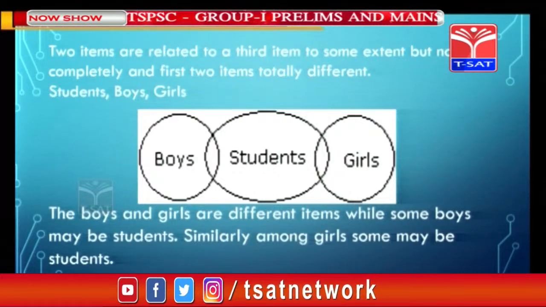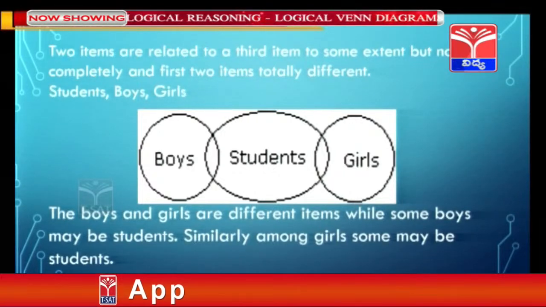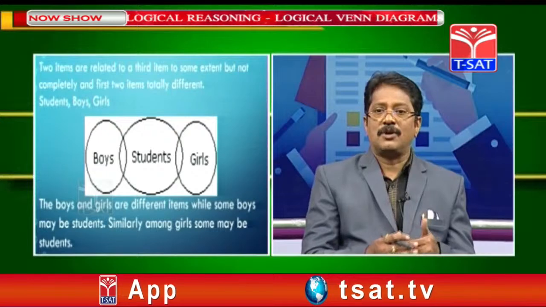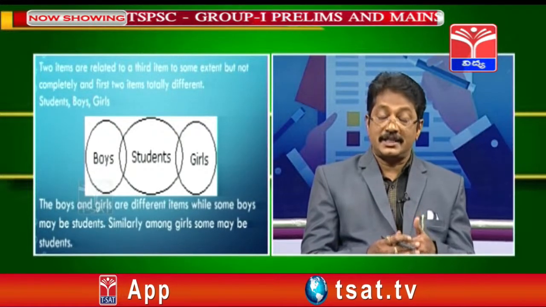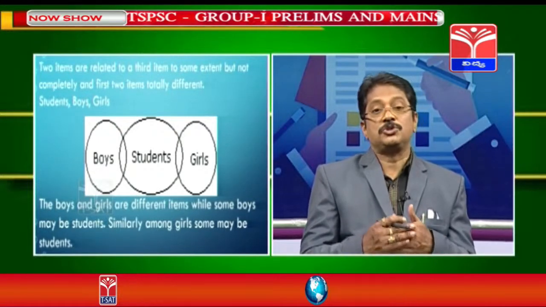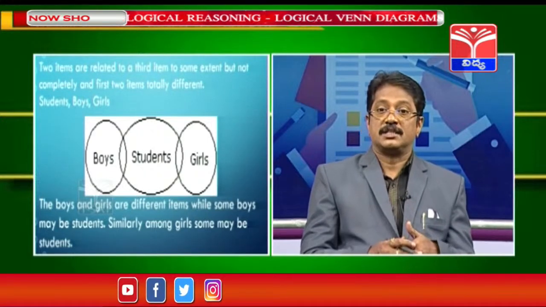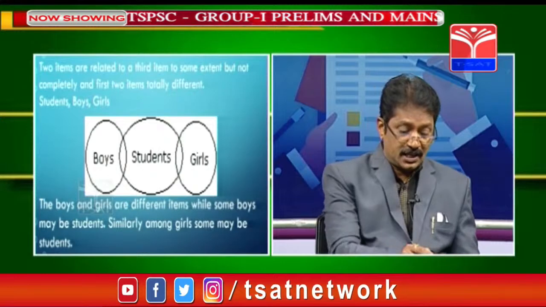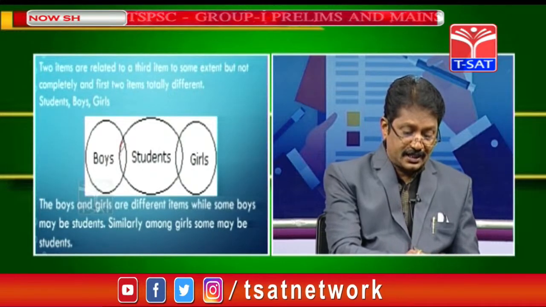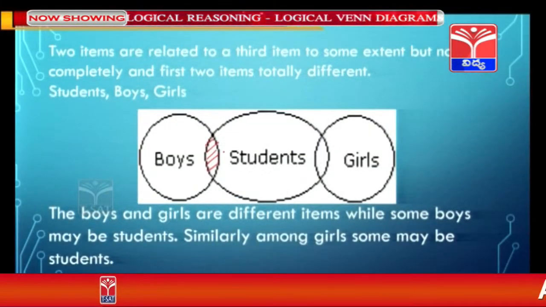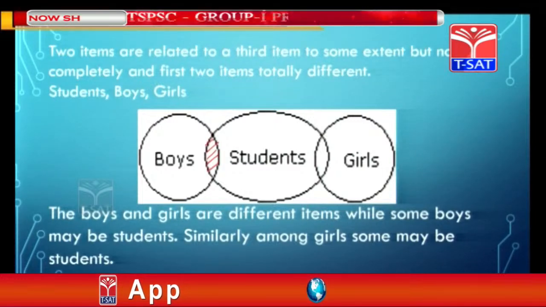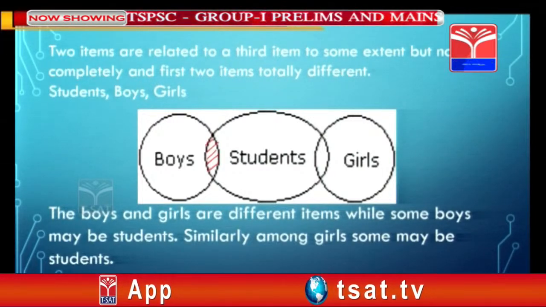These are the three items here. Not all boys need to be students and not all girls need to be students. So, some boys are students. This area represents that some boys are students, or some students are boys.